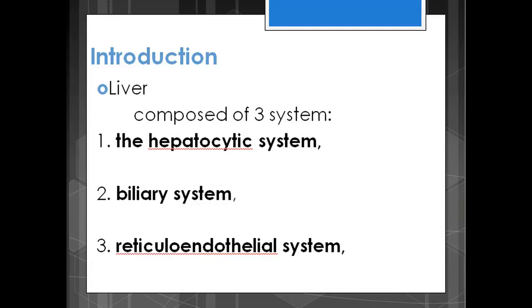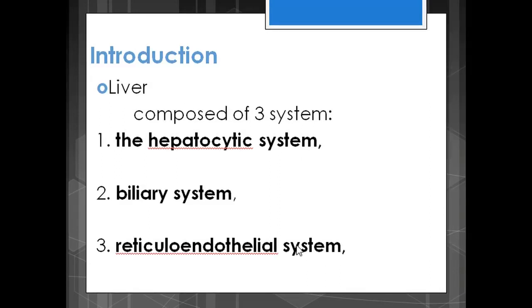The hepatocytic system is concerned with metabolic reactions and macromolecular synthesis, which includes protein synthesis, as well as the degradation and metabolism of xenobiotics, or the drugs. The biliary system involves the metabolism of bilirubin and bile salts. While the reticuloendothelial system is concerned with the immune system and the production of heme and globin metabolites.